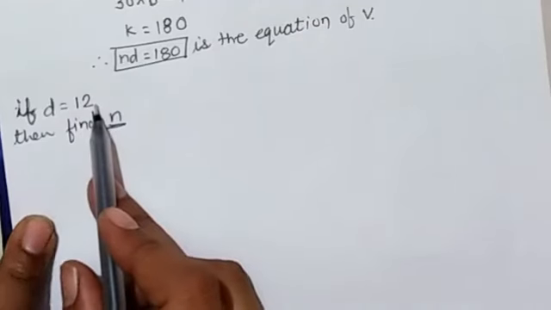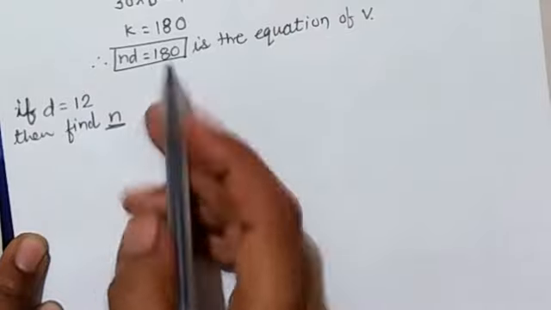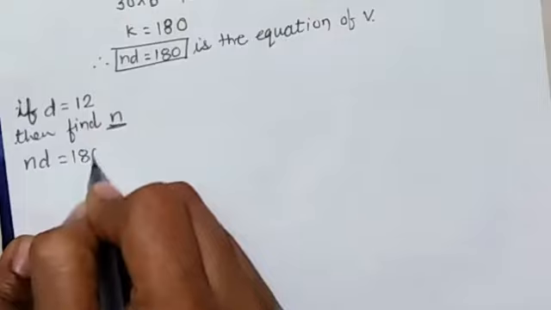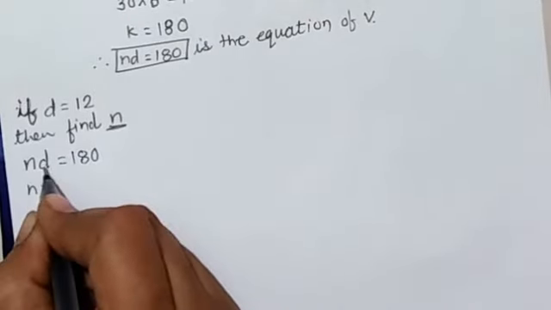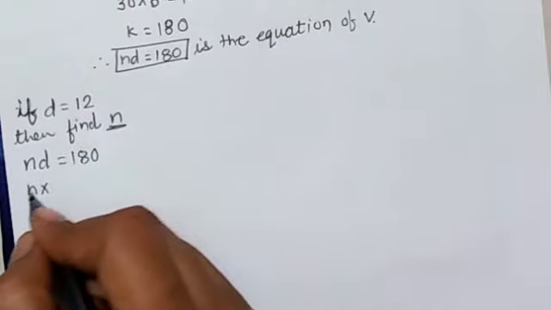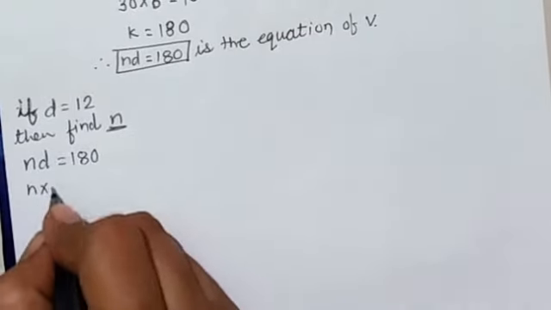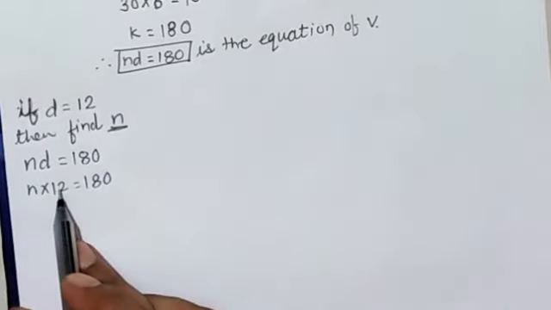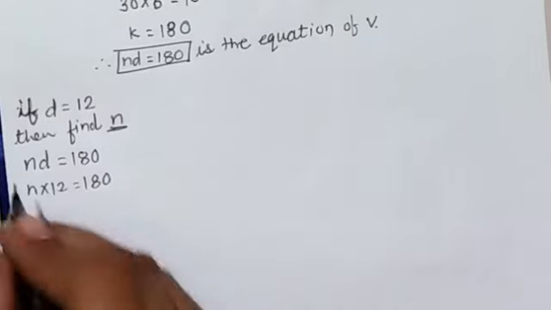If d is equal to 12, then find n. Right? Let's write the equation. nd is equal to 180. Put the values. n into the value of d. n is not given, that's why we have written it as it is. The value of d is 12, equal to 180. This 12 is multiplying the n. While going to the opposite side, it will be divided.